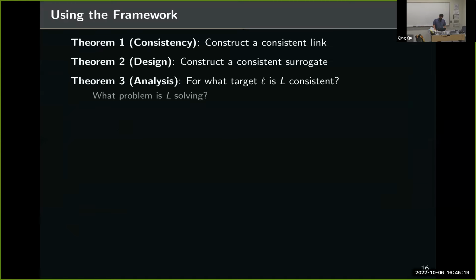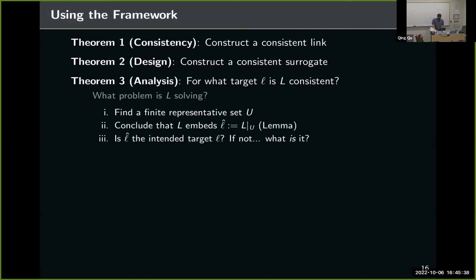Okay. So let me tell you about some applications, which I think helps this come alive a bit. To recap, there are these three key results: constructing a link, constructing a surrogate, and then this inverse problem of given some surrogate, can I say something about what it's doing? For that third one, like I said, the key step is finding this finite representative set.